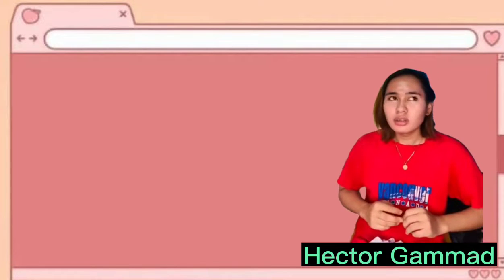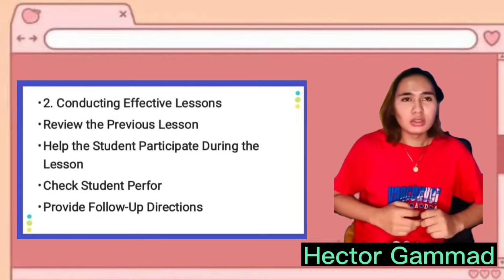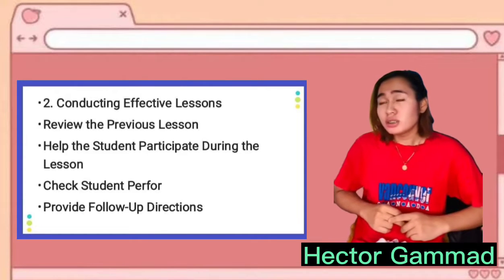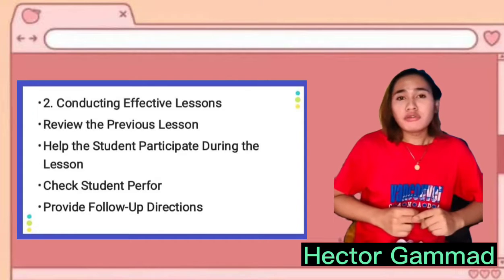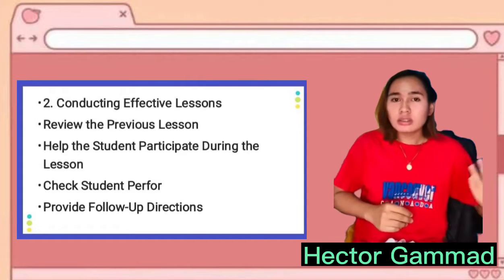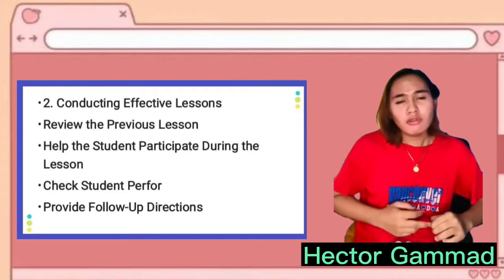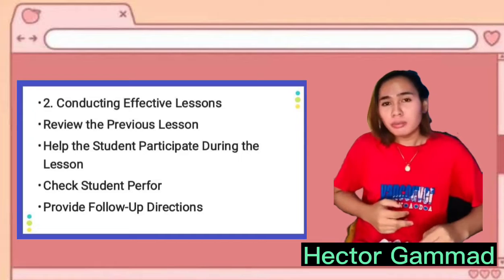So first, we have what we call conducting effective lessons. Under this, we have the first strategy, which is to review the previous lessons. Of course, you need to review the previous lessons.